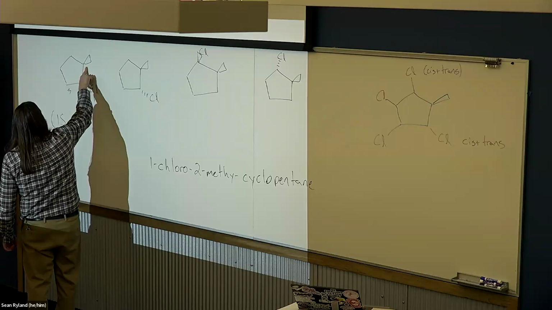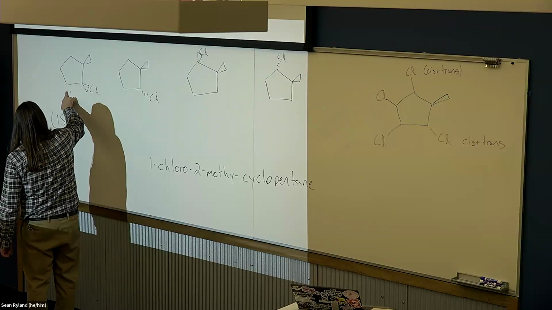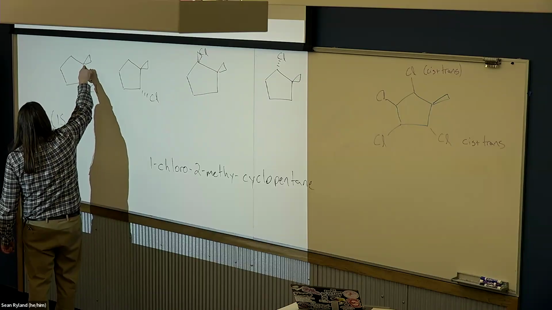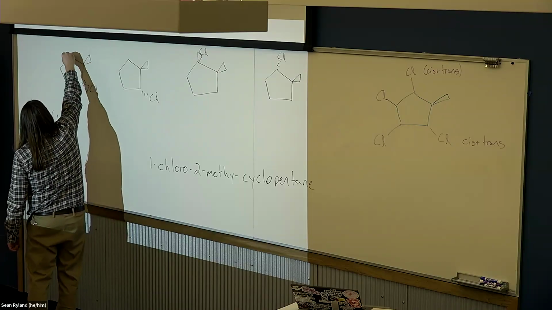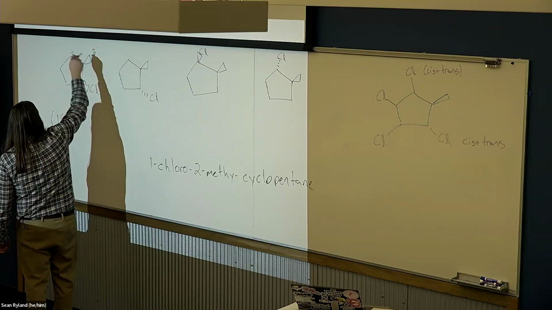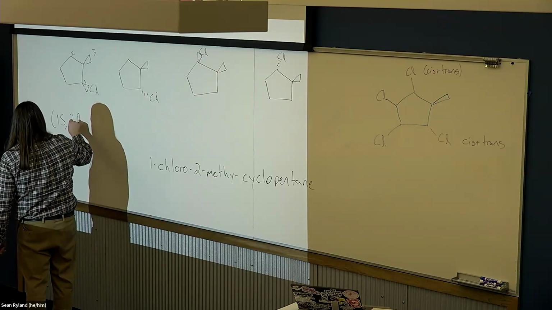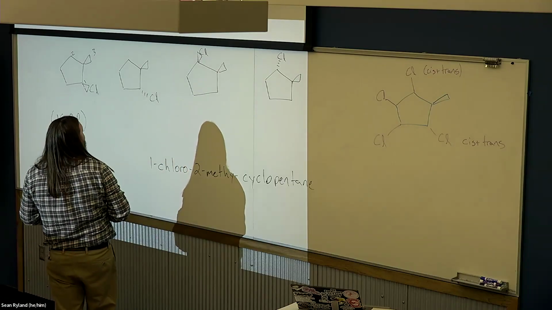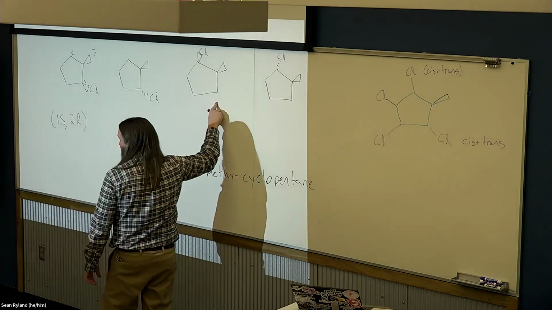And then the other stereocenter is right here, and that one's going to have the priority go 1, 2, 3, and the hydrogen is the other one. So that's going to be 2R. The other one that is cis is this version, right?